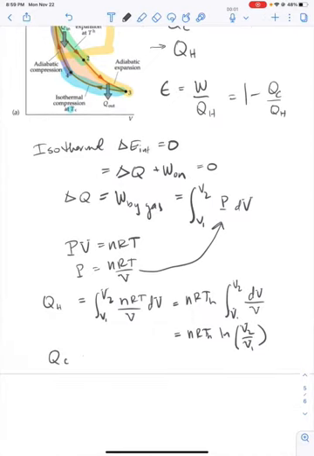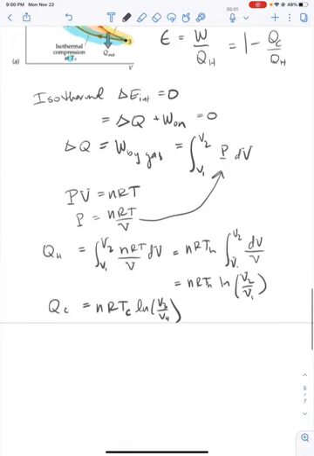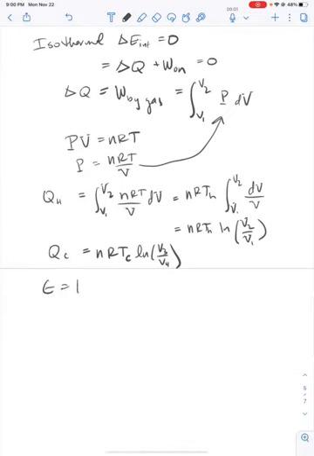Okay. Now, we could do this exact same process for the isothermal compression, which occurs at TC. So that means that QC is equal to nRTC log V3 over V4 by the very same reasoning. And so then we want the efficiency, so we want to find QC over QH.